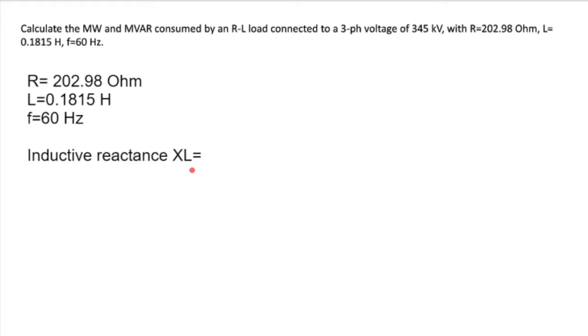Write down the answer. Yes. Please write down the unit. It has a unit ohm.